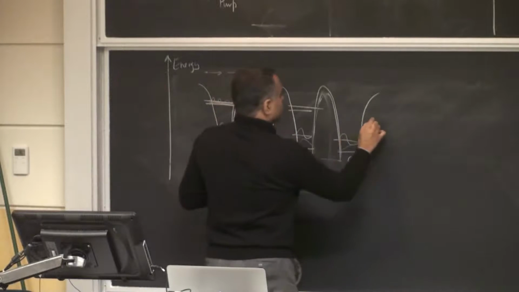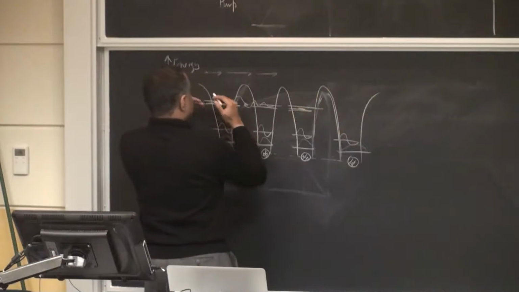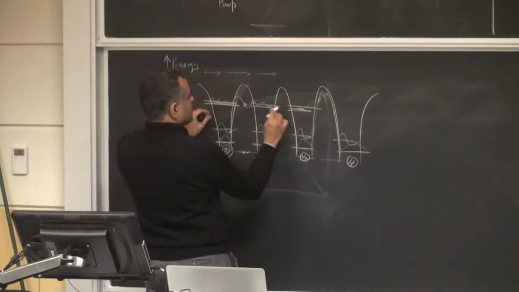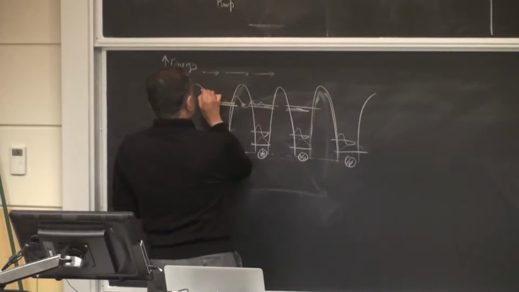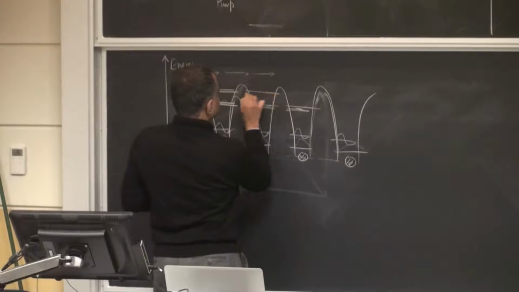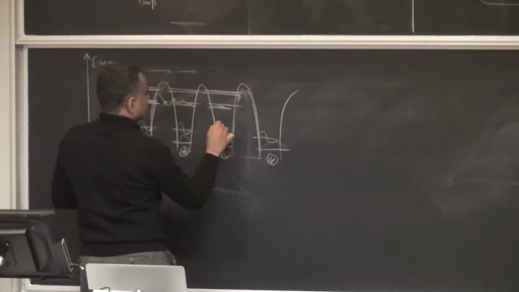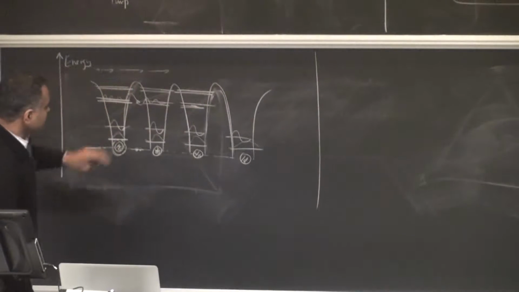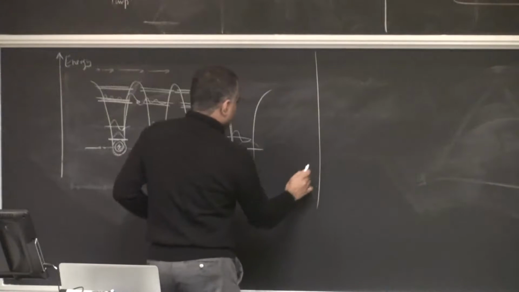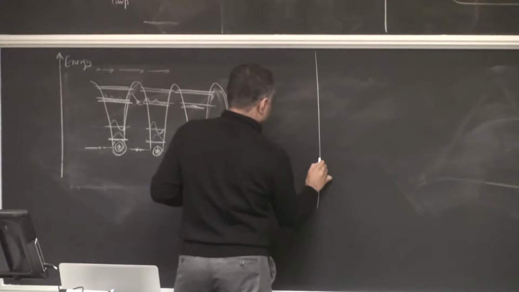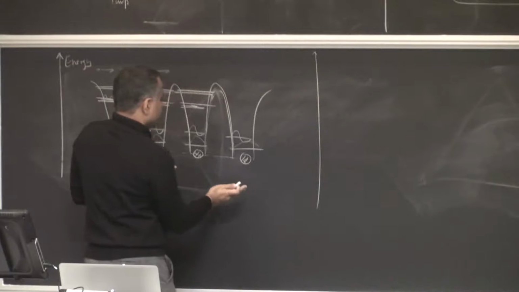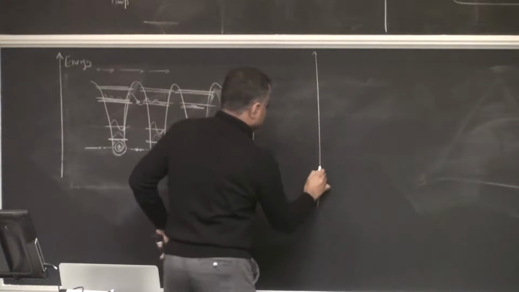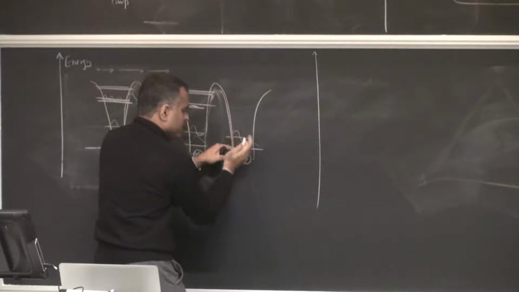So the point I'm trying to make now is I'll have a bunch of electron states that will start forming bands. I'll have maybe another bunch here that will start forming another set of bands. And if I were to clump them all together and ask how do all the energies look, forget about the details, I just want to count how many energies there are in every bin of energy.